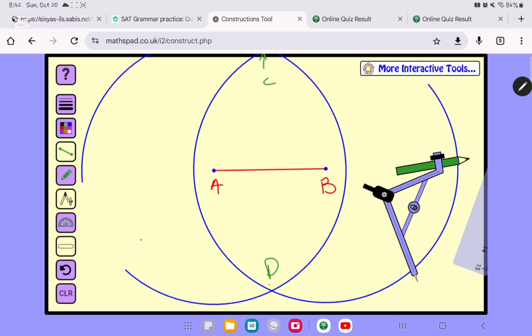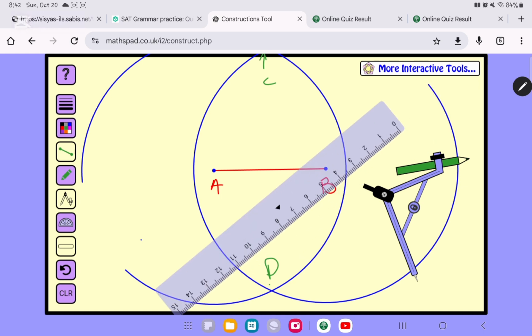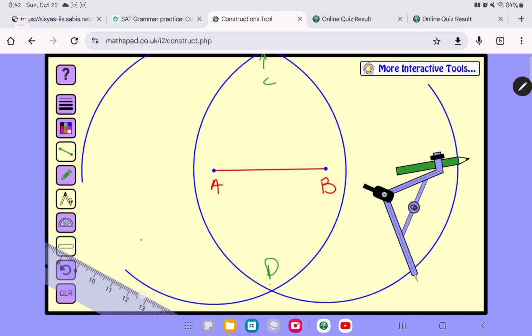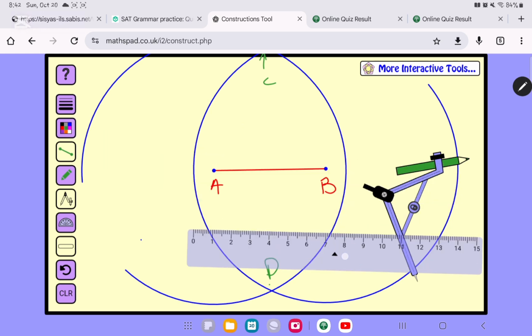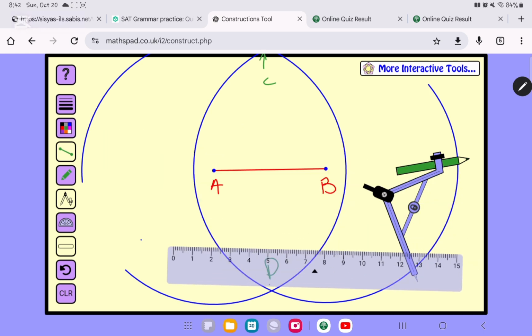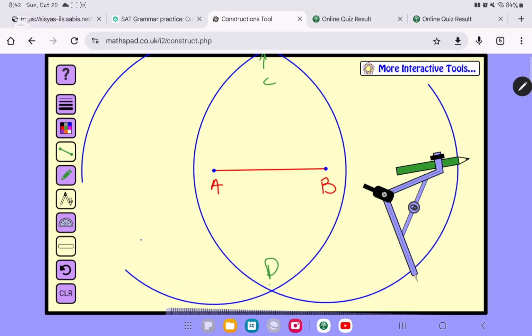So now to draw a rhombus, we need to extend this line over here. Or actually, to be honest, there's no need to extend the line.